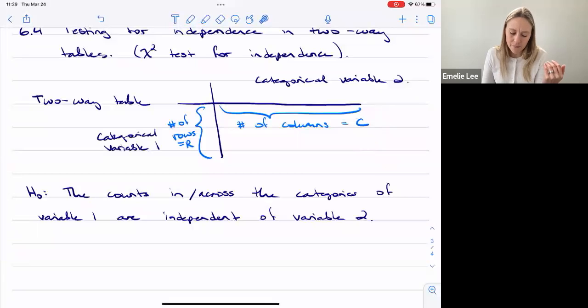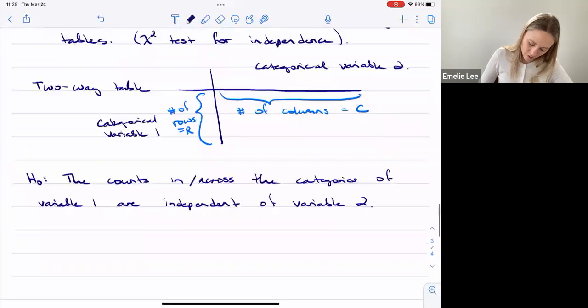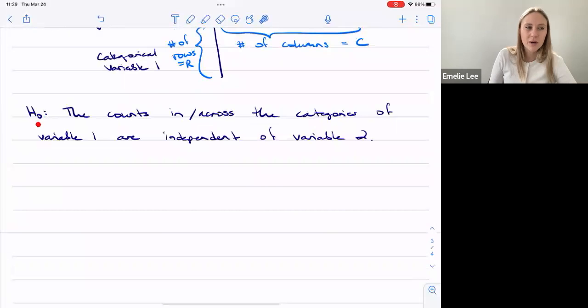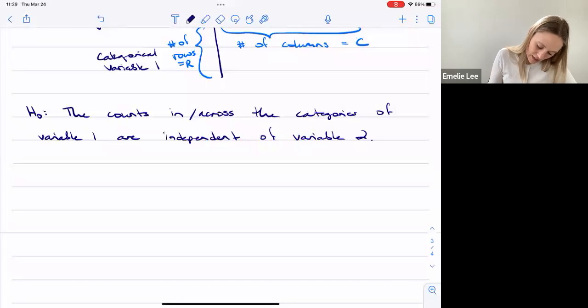Okay, but like last day, we have these observed counts, and I want to compare them to the expected counts. Of course, I'm not going to write the alternative hypothesis, because it's just that the counts across the categories of variable 1 are dependent on variable 2, or some version of that.